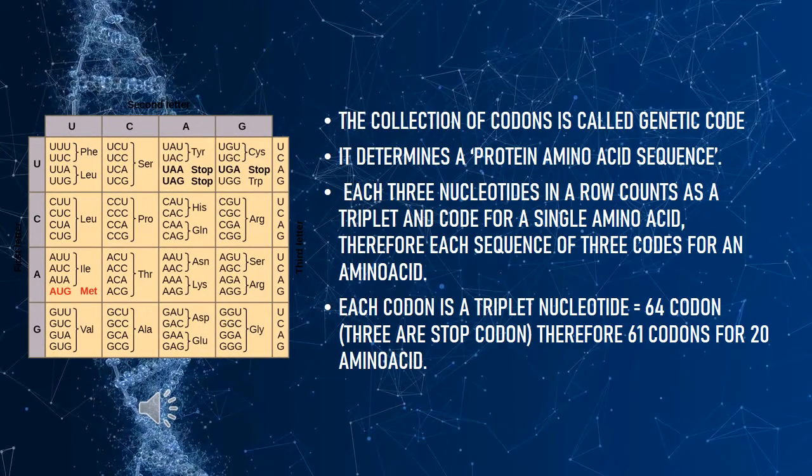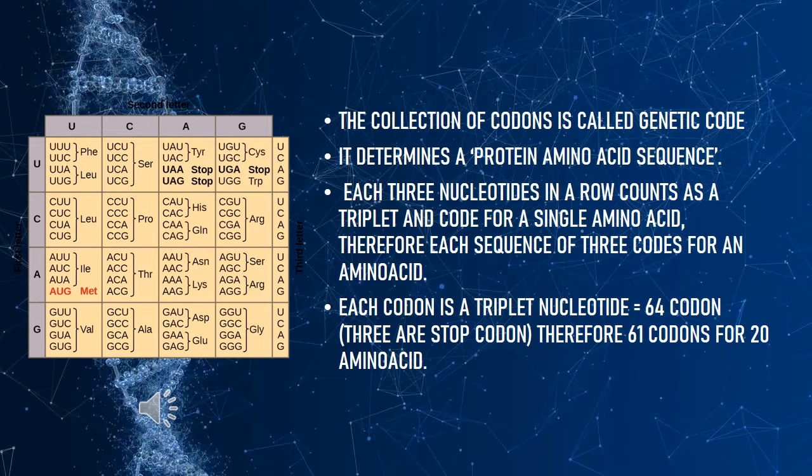The collection of codons is called genetic code. This determines a protein's amino acid sequence. 3 nucleotides in a row count as a triplet and code for a single amino acid. Therefore, each sequence of 3 codes for an amino acid.